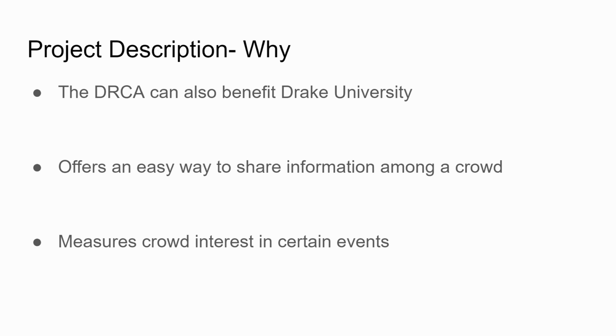Somehow, you need to give a large crowd spread out throughout campus the information they need to attend events. The DRCA is meant to be a tool for Drake University that can spread information easily and universally. It will also provide the university with some feedback for each event through a like function. This will be discussed in detail later.